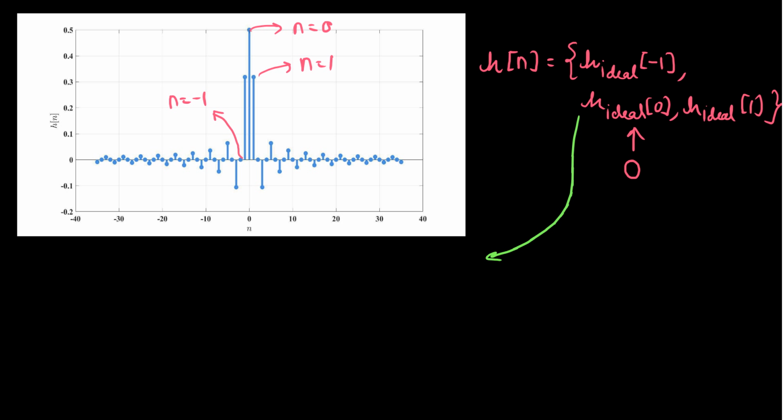Since this system response is of finite duration, we call such a system a finite impulse response system, or FIR filter.